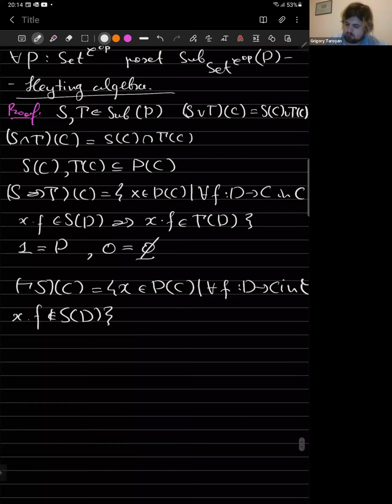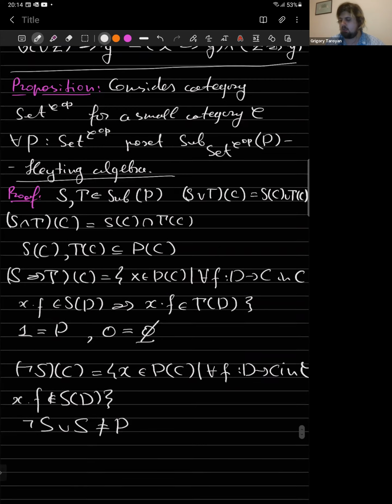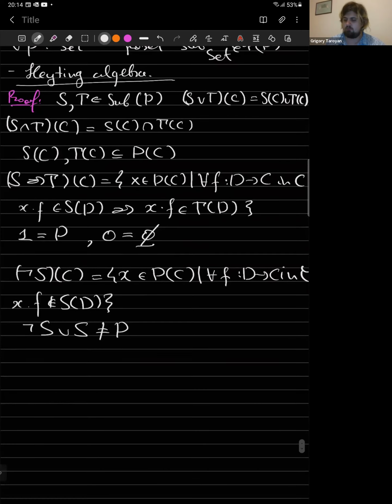It is clear from this definition that in general we don't have an equivalence that negation of S and S together give us the whole P. Okay, so now it is really straightforward to verify that with such operations we indeed get a Heyting algebra.